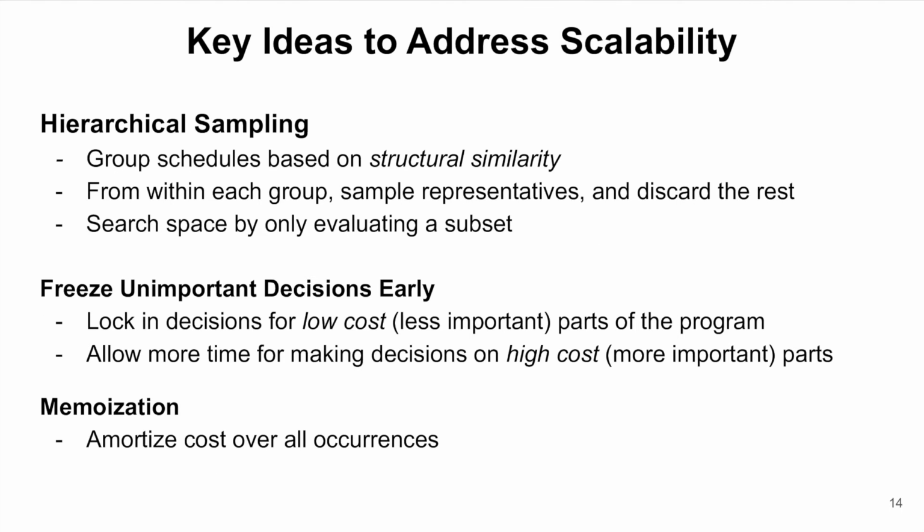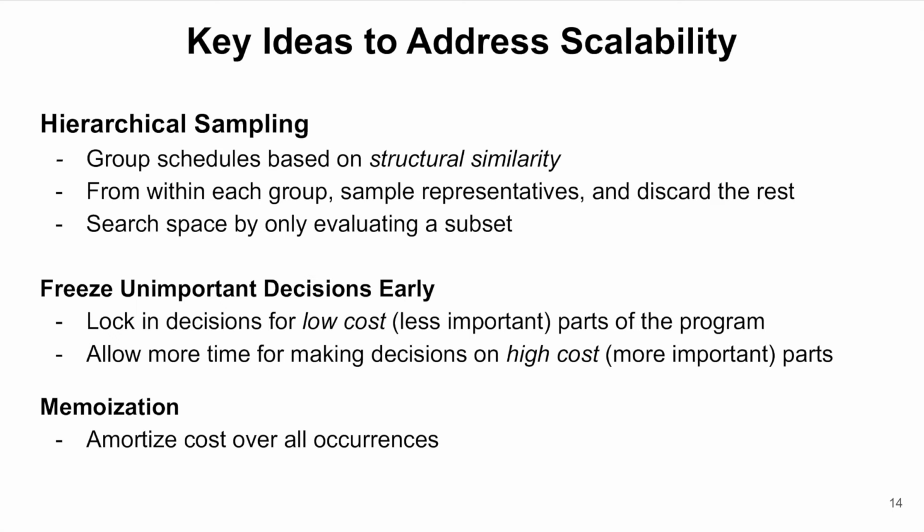There are three key ideas to address these scalability challenges. First, we use a hierarchical sampling strategy. Instead of evaluating all scheduling options in the search space, we group schedules by structural similarity. From within each group, we sample candidate schedules and discard the rest. In doing so, we search the space, but only evaluate a subset of it.